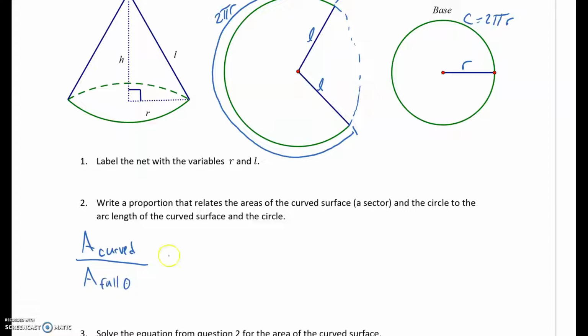And it says that that's going to be equal to the arc of the curved surface, compared to the arc length of the circle, which is the same thing as saying the circumference of the full circle.